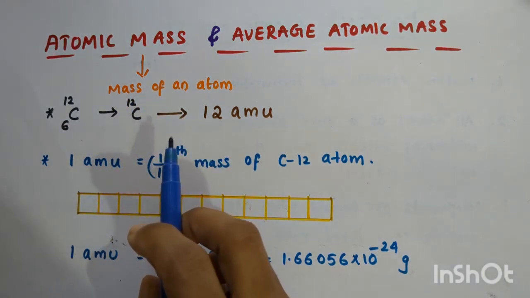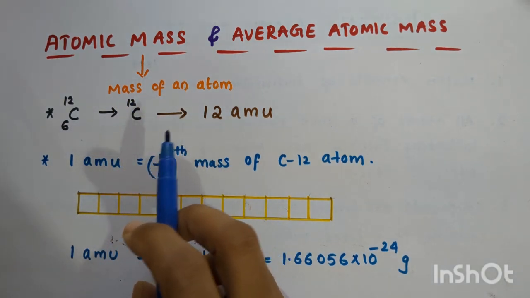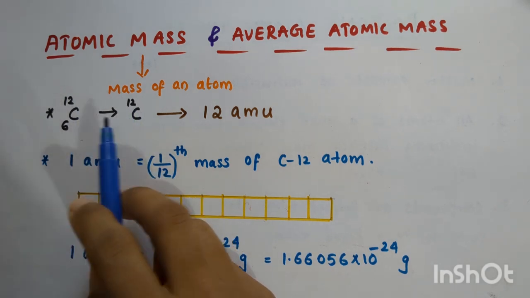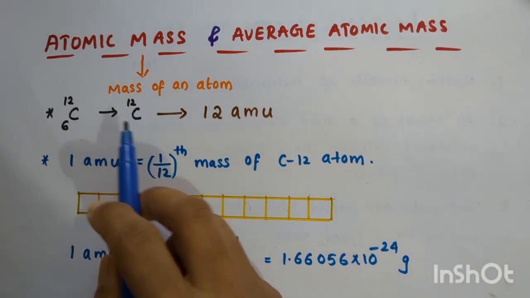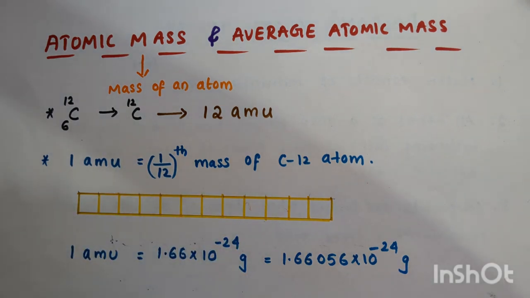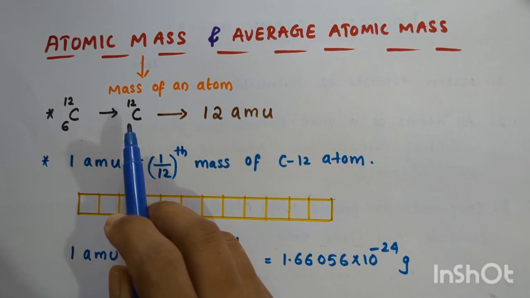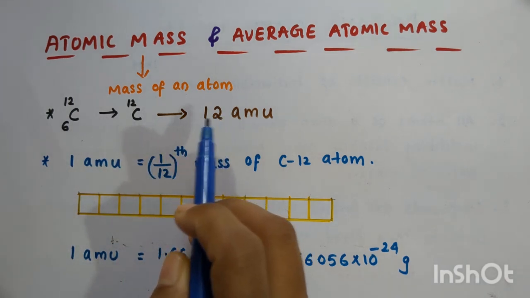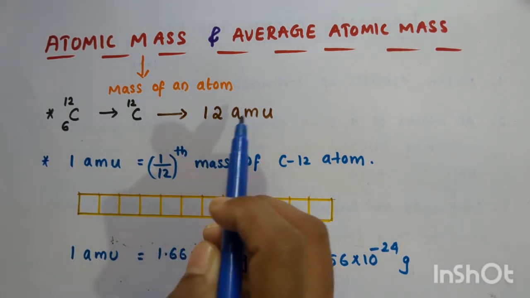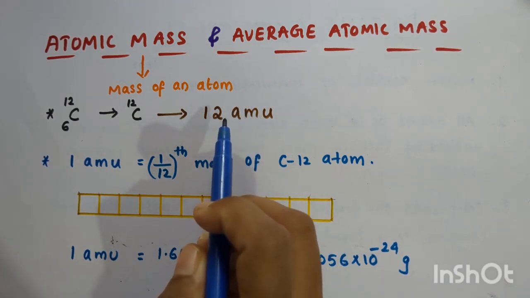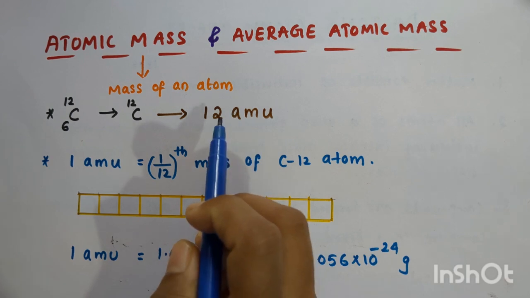At present, the system of atomic masses is based on carbon 12 as the standard. Carbon 12 is one of the isotopes of carbon, represented as carbon 12. Carbon 12 is assigned a mass of exactly 12 atomic mass units, AMU, and the masses of all other atoms are given relative to this standard.